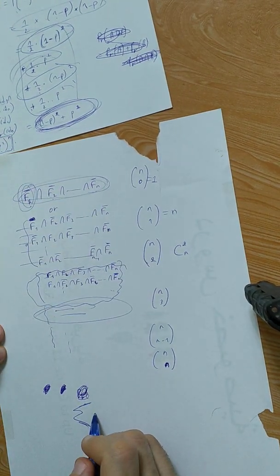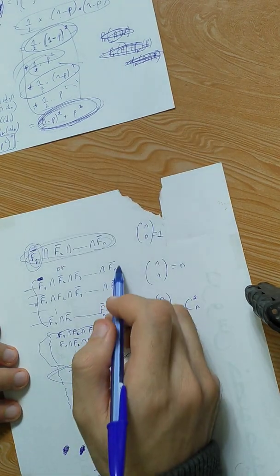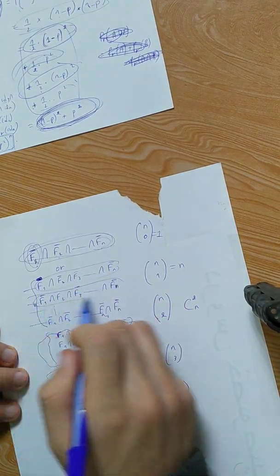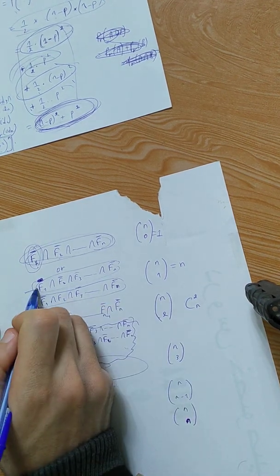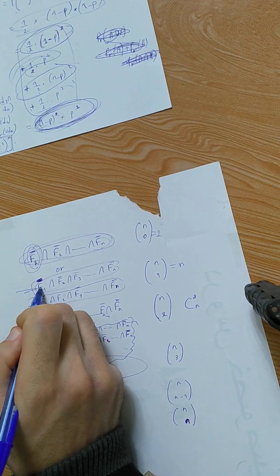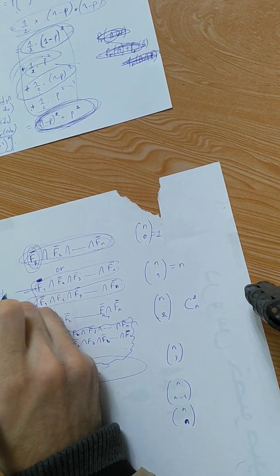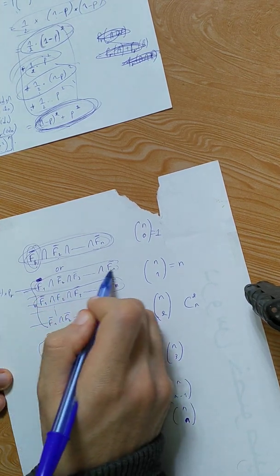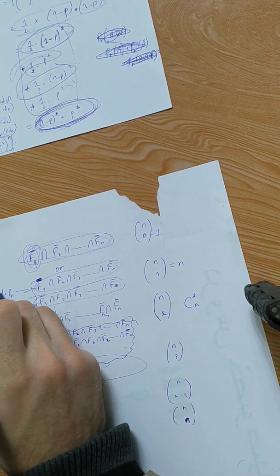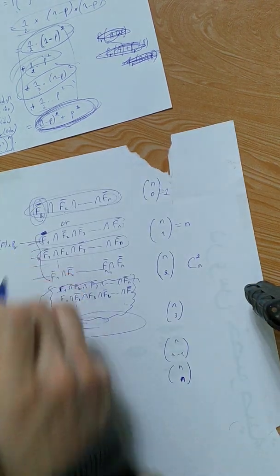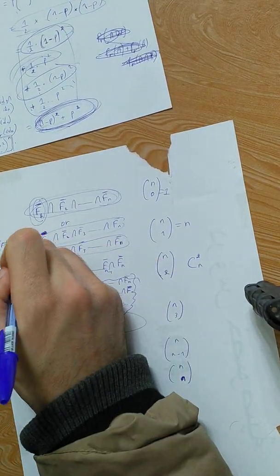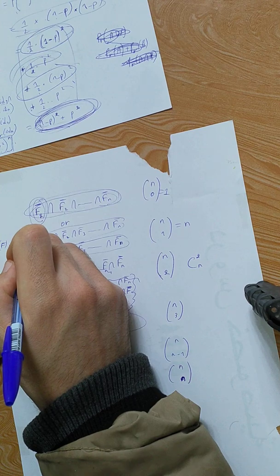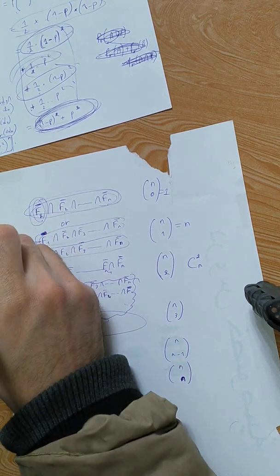Listen, the probability of this one is the same as the probability of this one. Why? The probability of this one is the probability of only one not flipped times the probability of one flipped, times the probability of not flipped to the power n, and this is to the power 1.